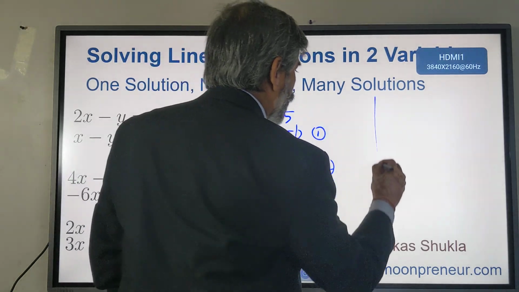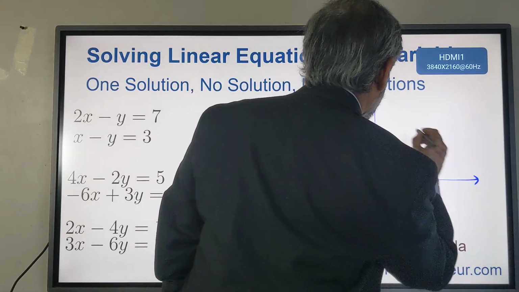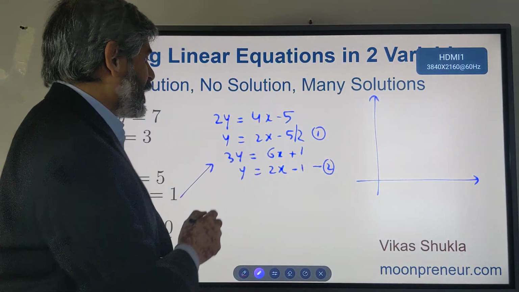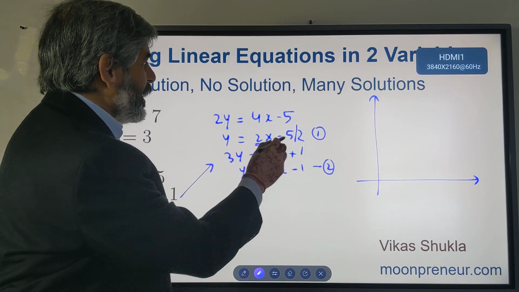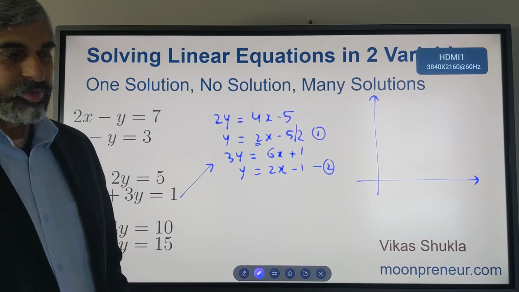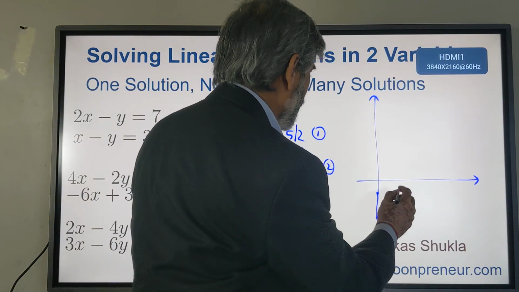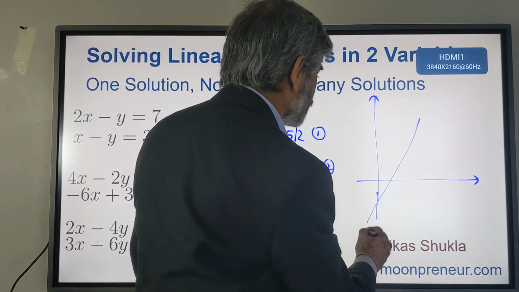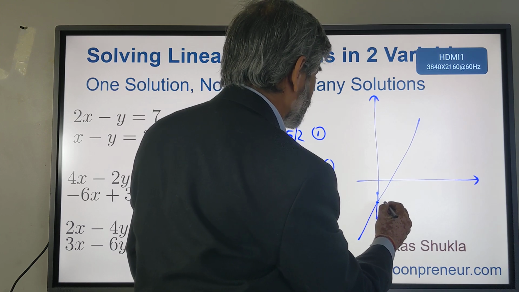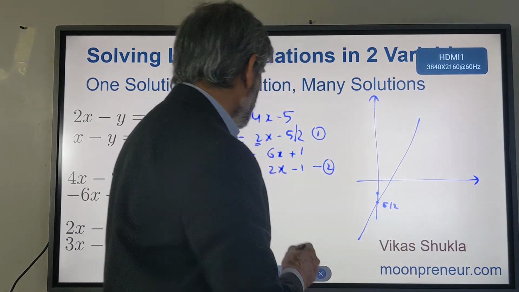And how do I plot these graphs? The first one has a gradient of 2 and y-intercept of minus 5 by 2, minus 2.5. So this equation may look something like this, cutting at 2.5.